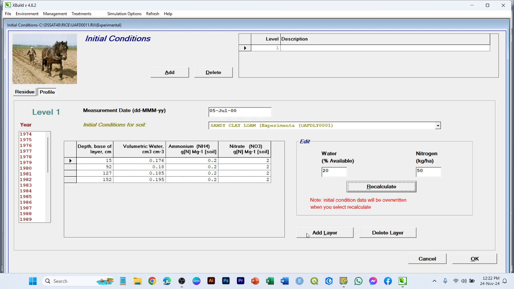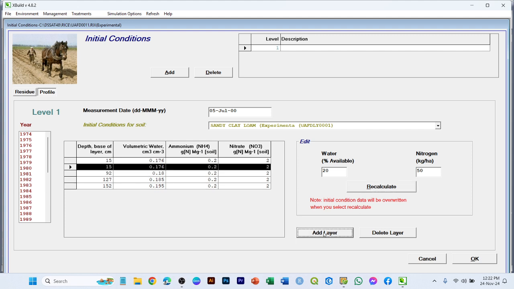Understand? And layer. If you have more gaps, then you have to add a layer. For example, click over here. See, a layer is added, and you can edit it as well.